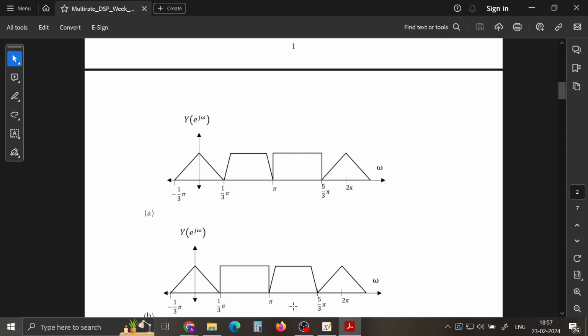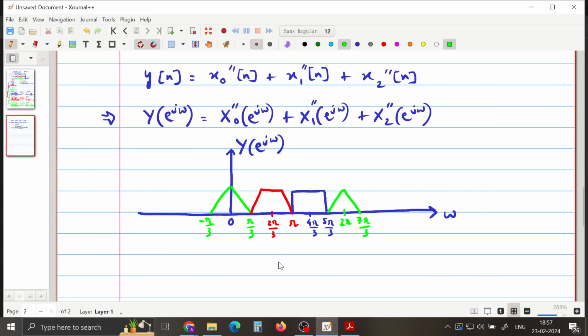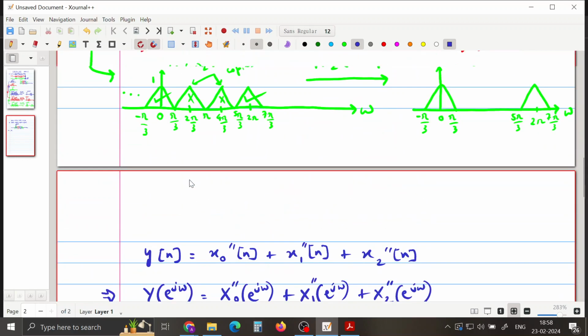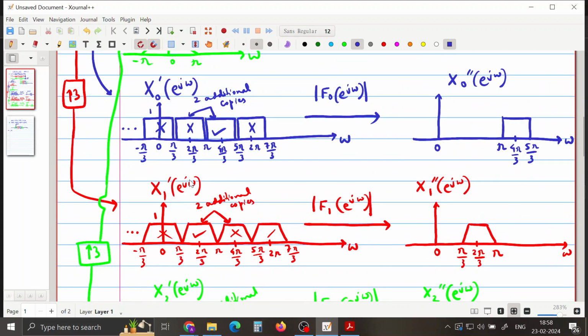Okay, so option A is exactly the one which we are getting here. So your answer is option A. Okay, so I hope this is clear.